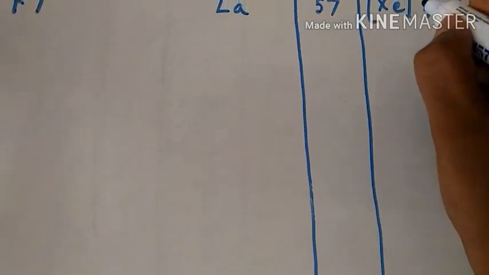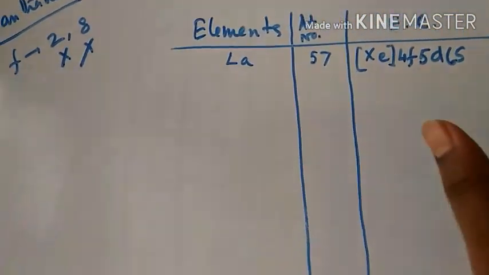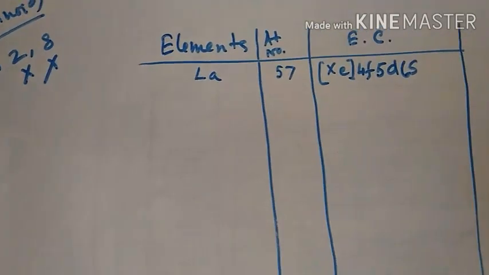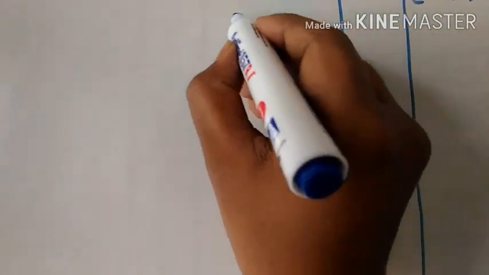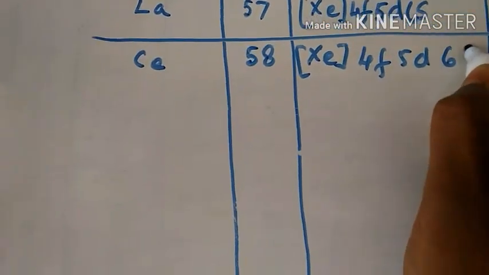You can see from here it will be 4f, 5d and 6s. So how many electrons will come here in 4f, 5d and 6s? We'll calculate it later. Now from here you can see, after lanthanum it comes cerium. Cerium is 58, then xenon, next 4f, 5d and 6s.